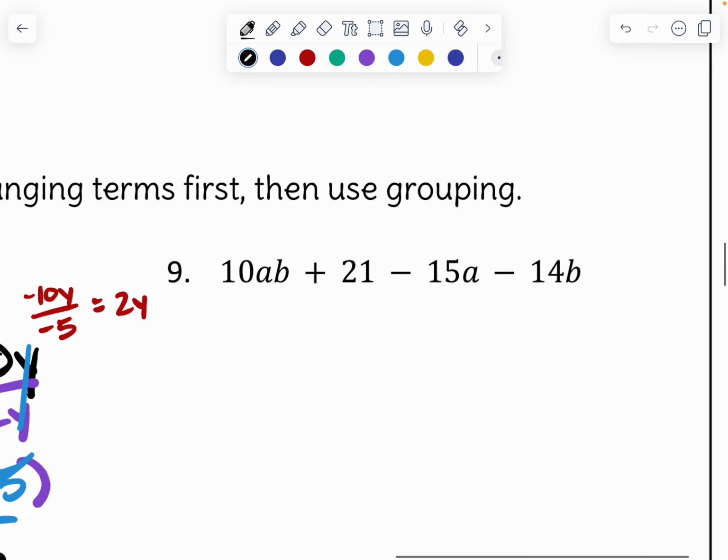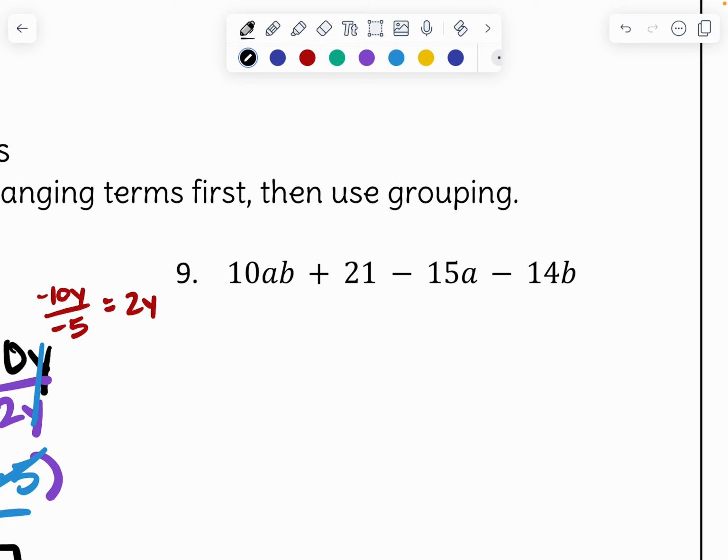Okay, let's look at number 9. 10ab plus 21 minus 15a minus 14b. Now I can see 2 different reasons to rearrange these. The first one is that these two have a's, so that's what they have in common. But another thing is that 10 and 15 are easily divided by 5, and then 21 and 14 have 7 in common.